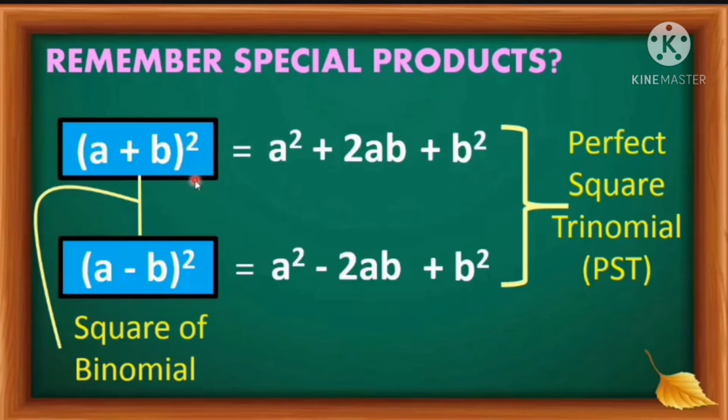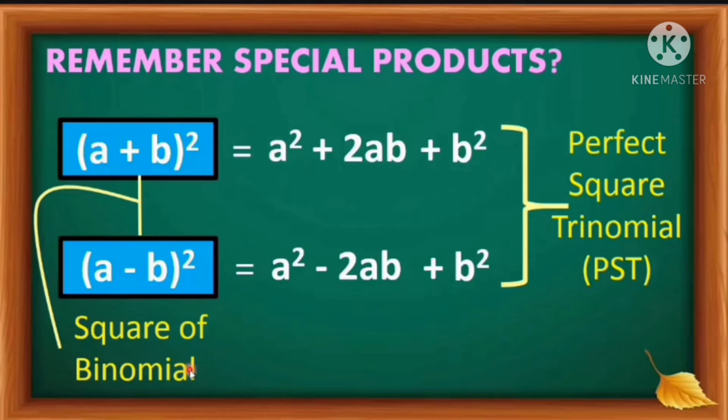They are the product of these factors. So meaning, if we are going to get the factors of a perfect square trinomial, it's just the other way around. Meaning, babaliktarin lang natin. Ito yung given, hahanapin natin yung factors na square of binomial.